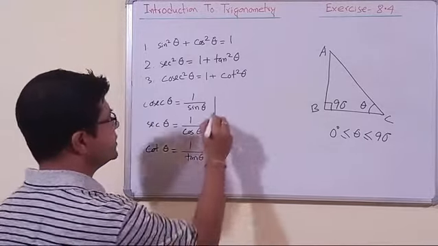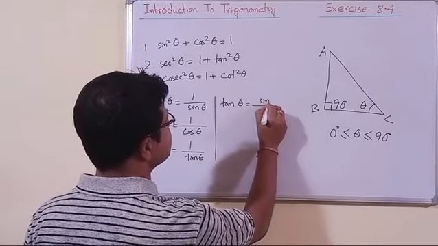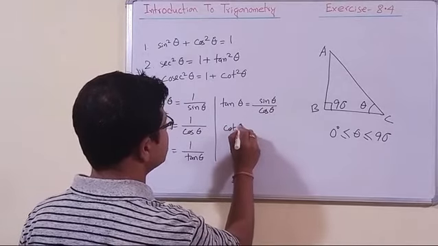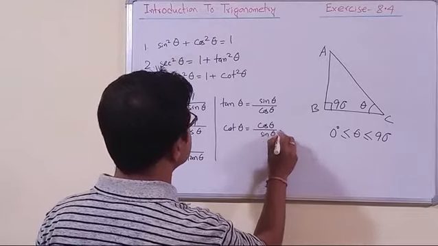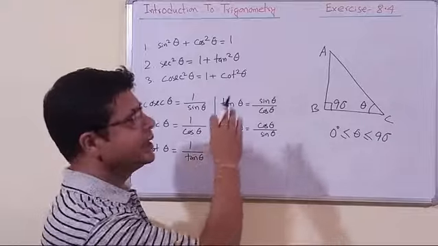Then a few more: tan theta equals sin theta by cos theta, and cot theta is equal to cos theta by sin theta. With these identities, let us complete exercise 8.4.